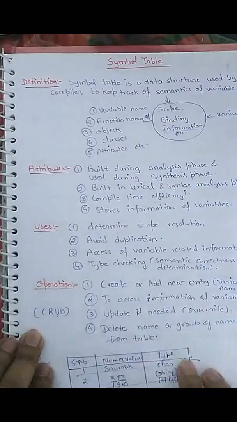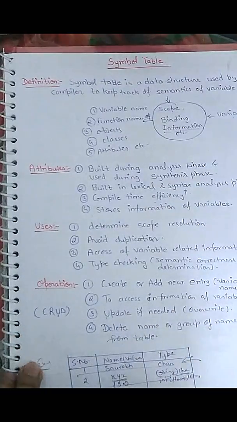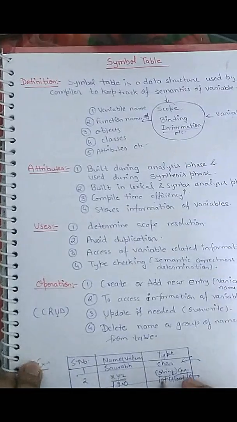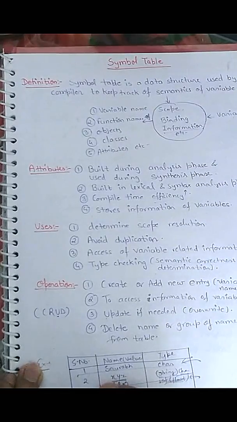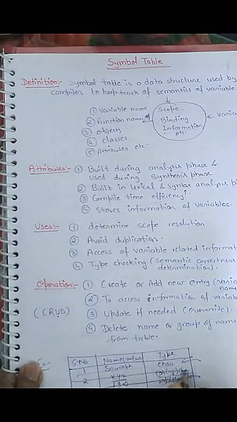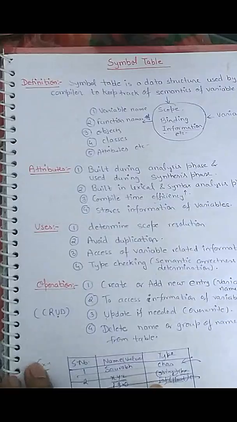And the last is deletion of a record. Like in the last case you can see the third entry, 19, which is a float we have typecasted, and if we want to delete any record we can simply delete it according to the program given by the programmer.